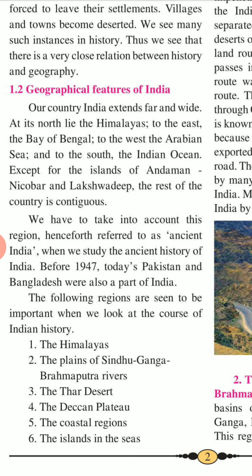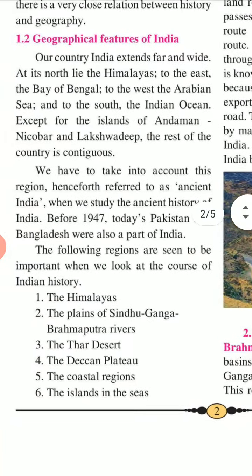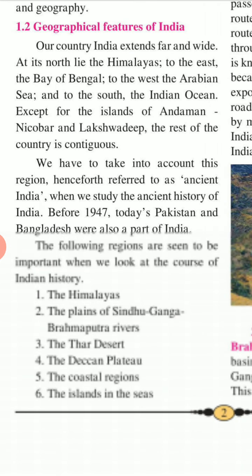Except for the islands of Andaman and Nicobar and Lakshadweep, the rest of the country is contiguous. We have to take into account this region, henceforth referred to as Ancient India, where we study the ancient history of India. Before 1947, today's Pakistan and Bangladesh were also a part of India.